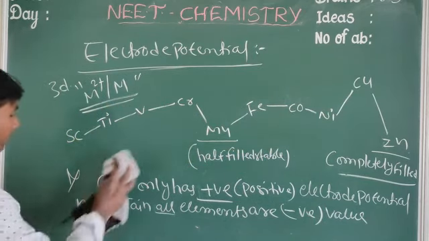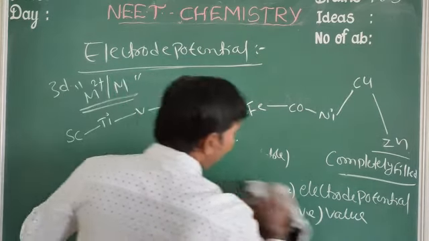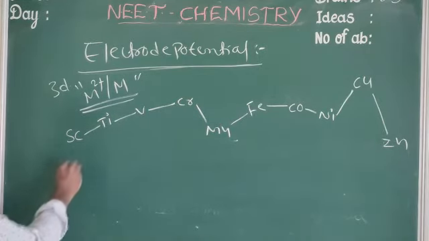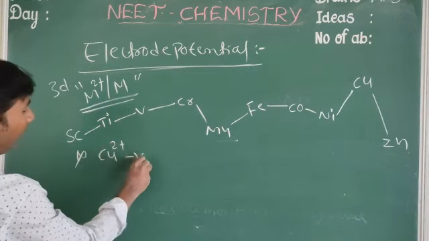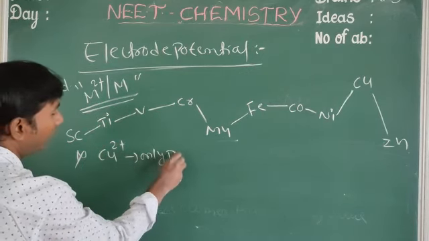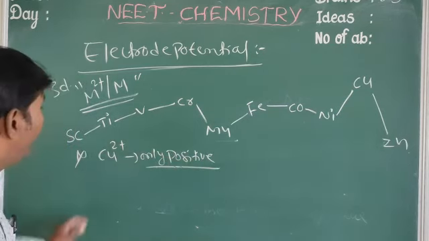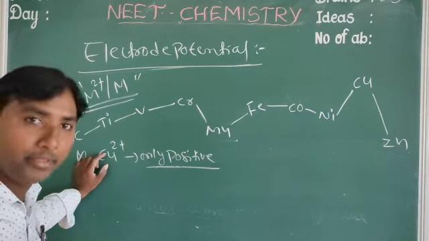Why does only copper have a positive electrode potential value? Due to copper's hydration enthalpy.